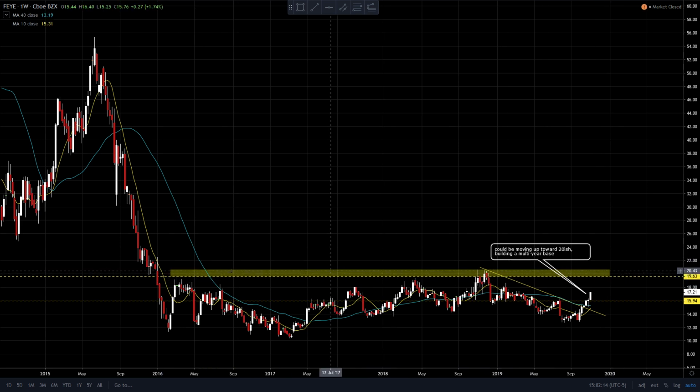This zone has been holding as a resistance for a couple of years now, and if it breaks above this zone, that could be a major breakout for a stock that's been consolidating down here for a couple of years, since 2016. So that's why I'm looking at this and watching to see would it be able to work up to the 20 area for a multi-year base breakout.